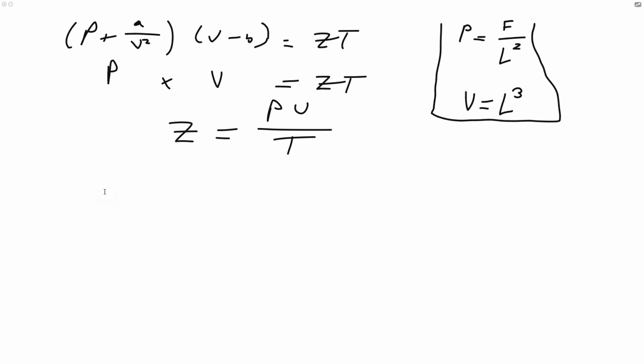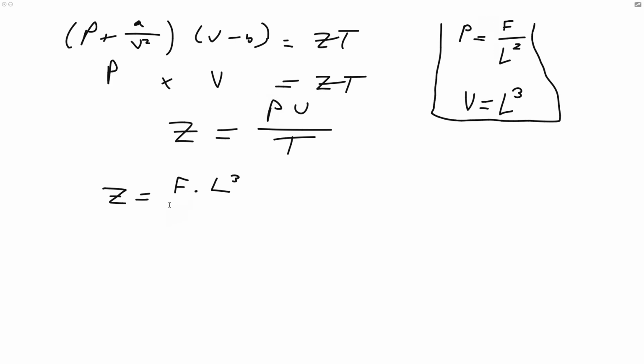Therefore, we can substitute those into the equation and we get Z equals force times our length cubed. So P times V, remember? Force is going to be, our P equals force over L squared.